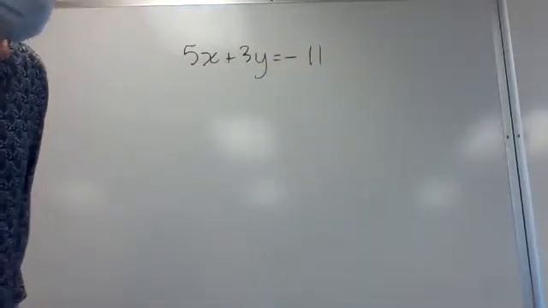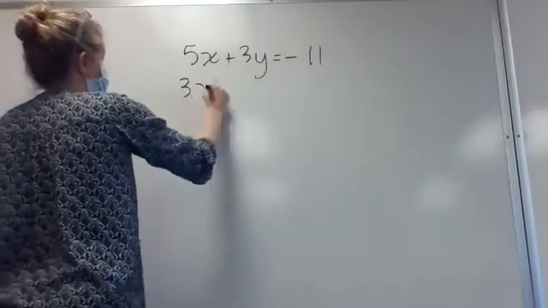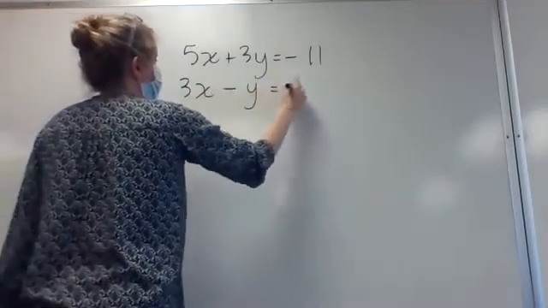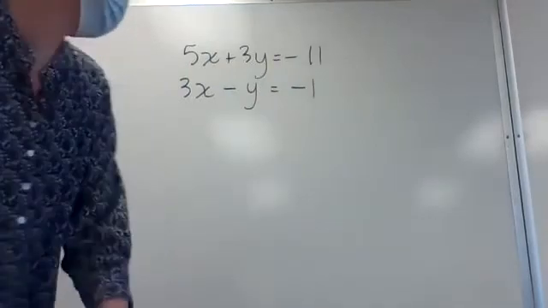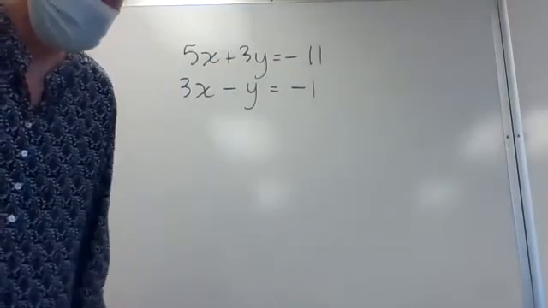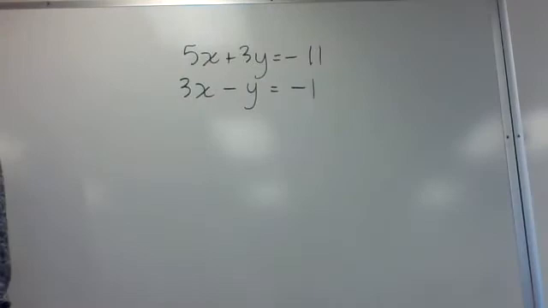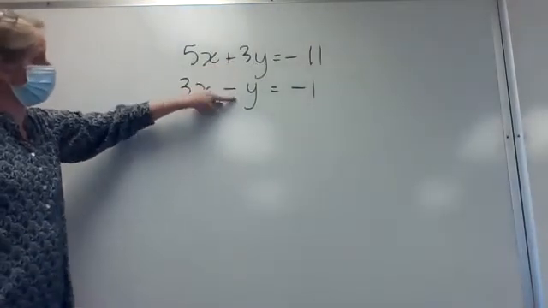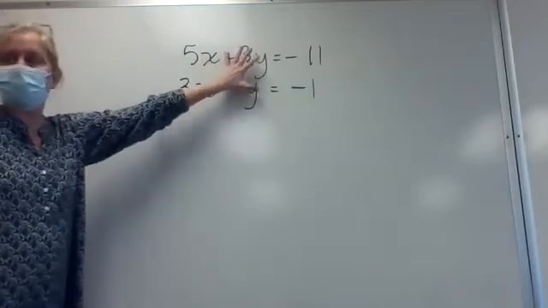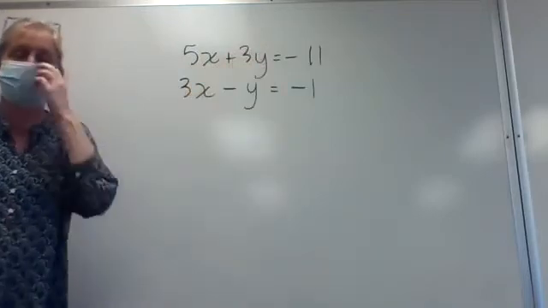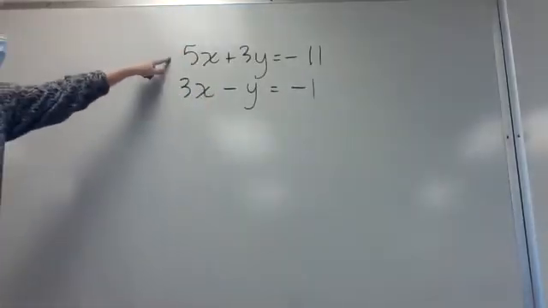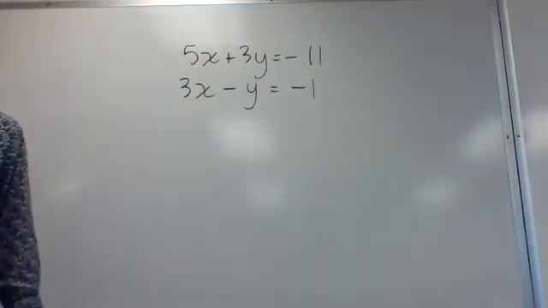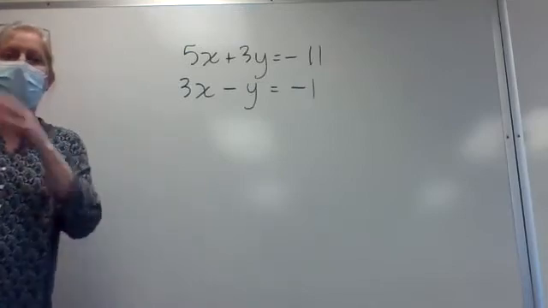And 3x minus y equals -1. Okay. What I noticed first is, remember the last one, my y's were the opposite of each other. So when I added them together, they canceled each other out. That is not the case here though, right? This would give me 8x, this would give me 2y, nothing eliminates if you add them together.